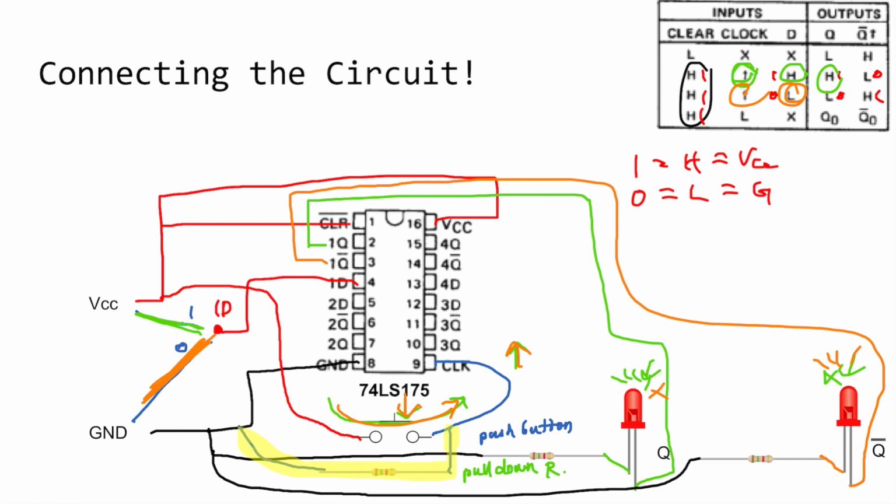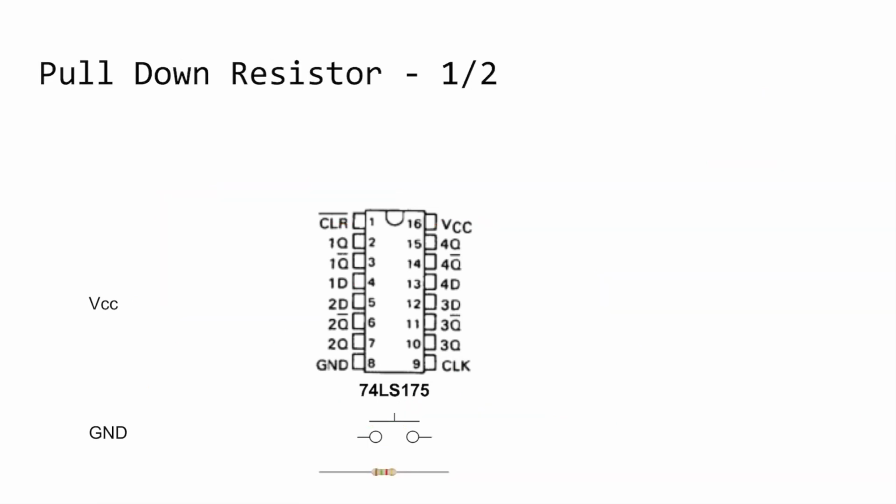So this is the demo for the D flip-flop, and I assume that everyone would know how to put this on the breadboard already because it's already the third lab. If you are still unsure how to connect it on the breadboard, try to watch my previous videos, maybe lab 1 and lab 2, on how to build it on the breadboard.